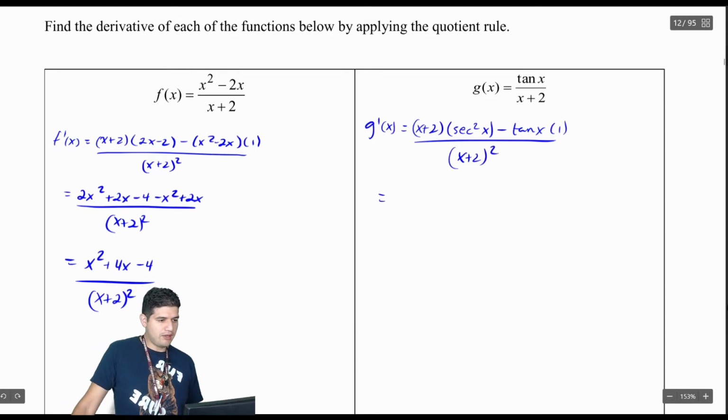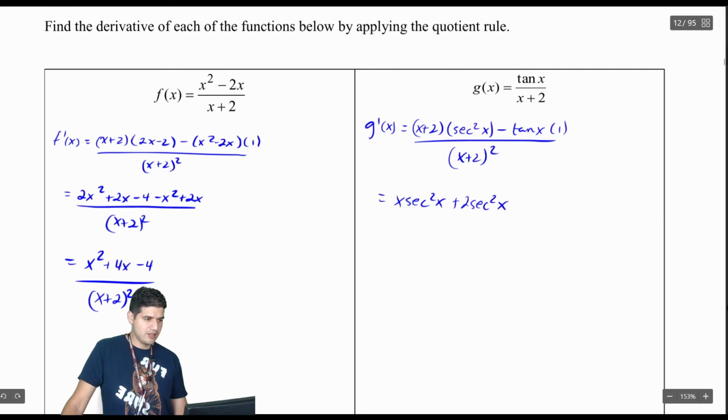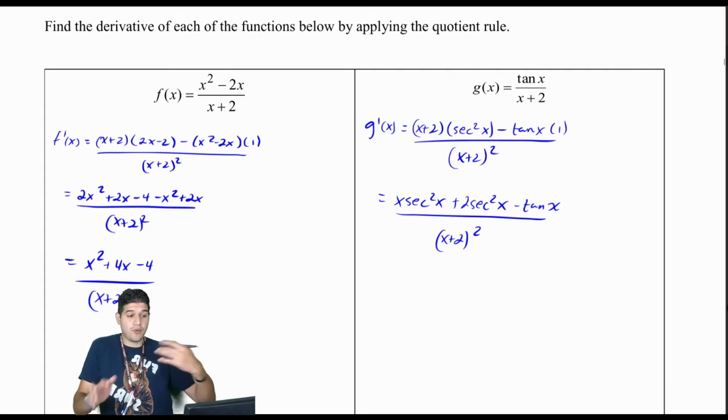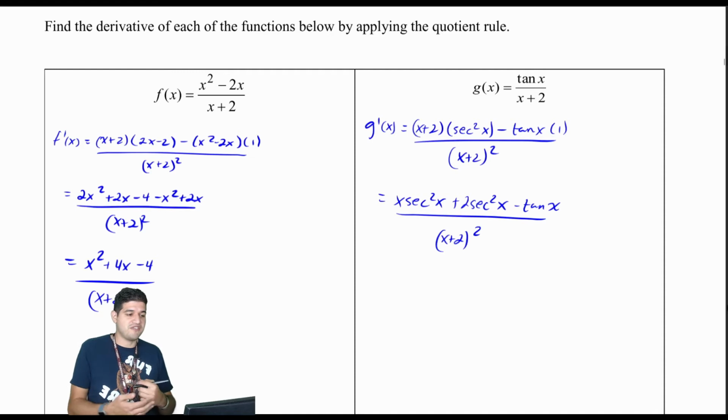And let's just get rid of some of these parentheses that I can. So x secant squared x plus 2 secant squared x minus tangent of x, divide all that by x plus 2 squared. And although it doesn't look pretty, there seems to be more letters than numbers in this case. That right there is going to be our final answer.